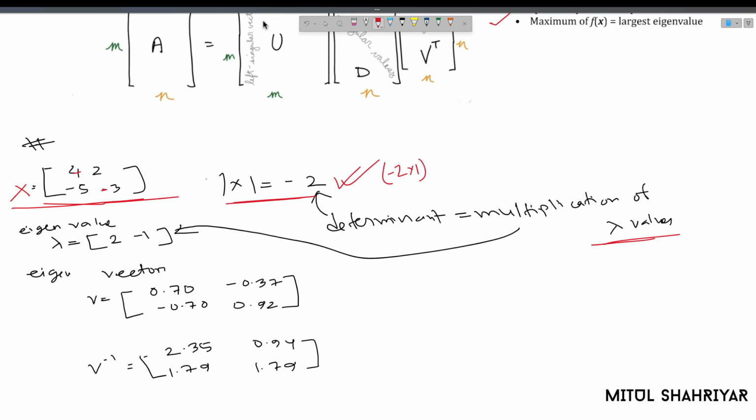Then it is tough to get the determinant using this method, where we multiply 4 into -3 minus 2 and 2, which gives -12 plus 10, which is -2. This is the process. You can follow the previous video to know the process.